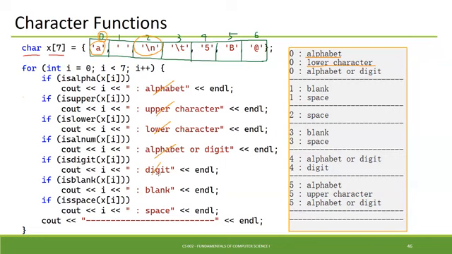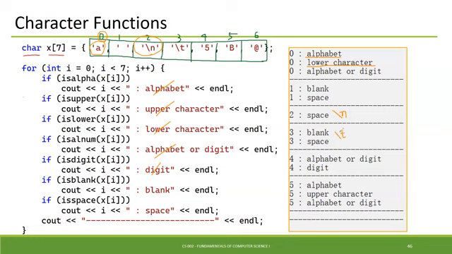Oh, I see. Yeah, I think maybe you have a different output if you use a different compiler, okay? Because look at this one, the new line is considered as a space, and tab is considered as blank or space. So you may check this on your computer.